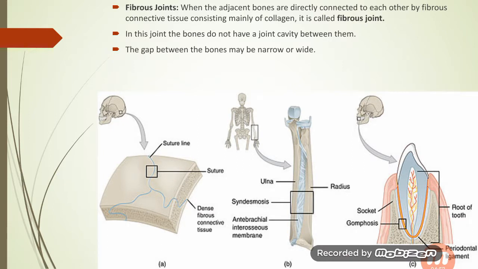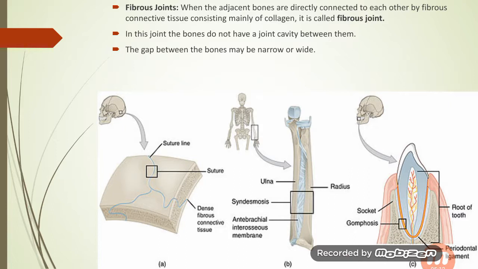Now in the diagram, you can see all three different types of joints, which are the subtypes of fibrous joints, and these joints allow very little to no movement.